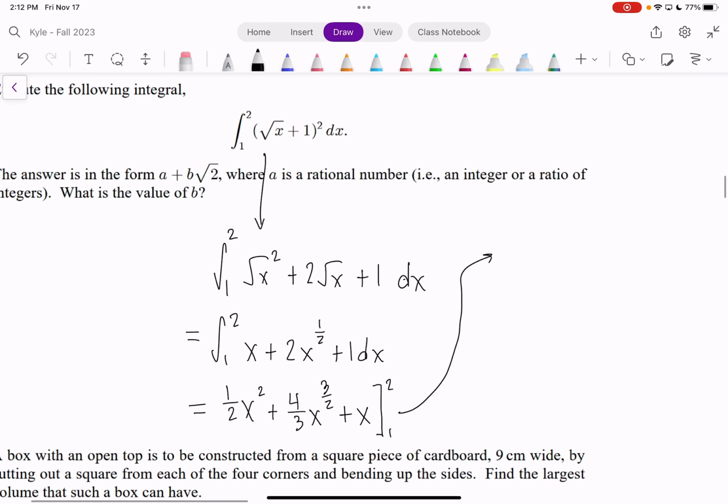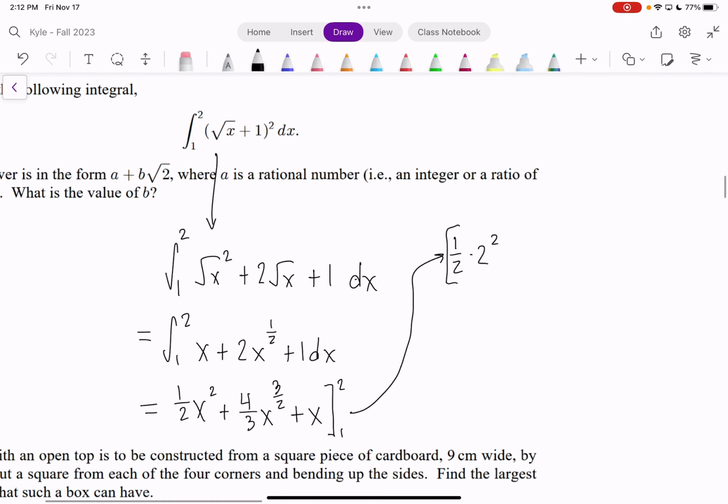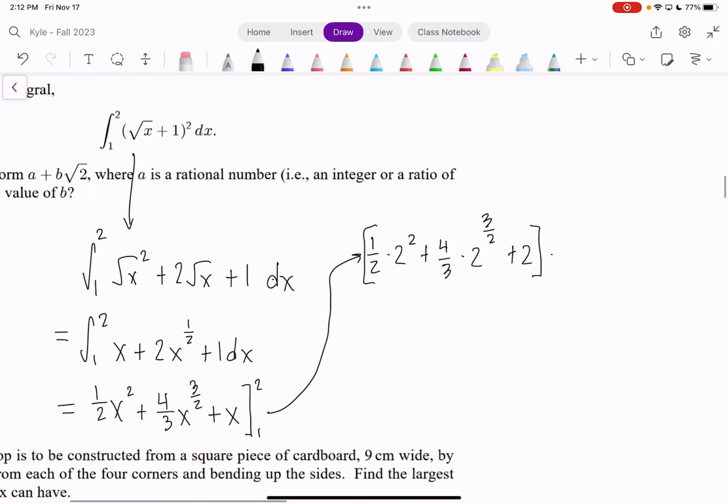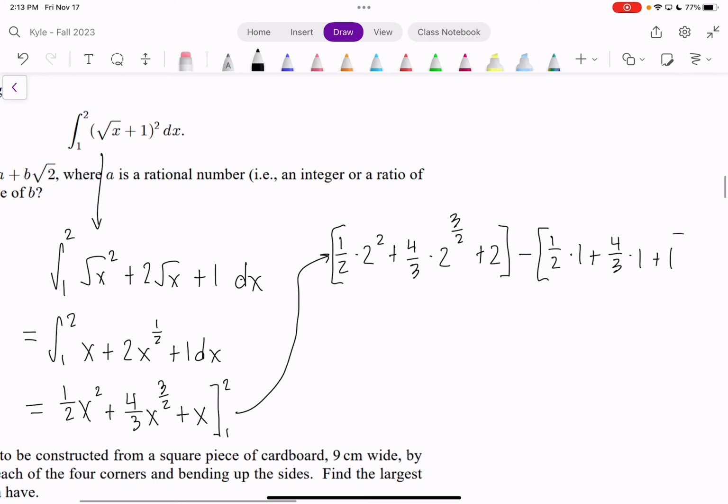If we evaluate this from 1 to 2, we'll get 1/2 times 2 squared plus 4/3 times 2 to the 3 over 2 plus 2. We'll need to subtract everything with 1s as well, so we'll subtract 1/2 times 1 plus 4/3 times 1 plus 1.